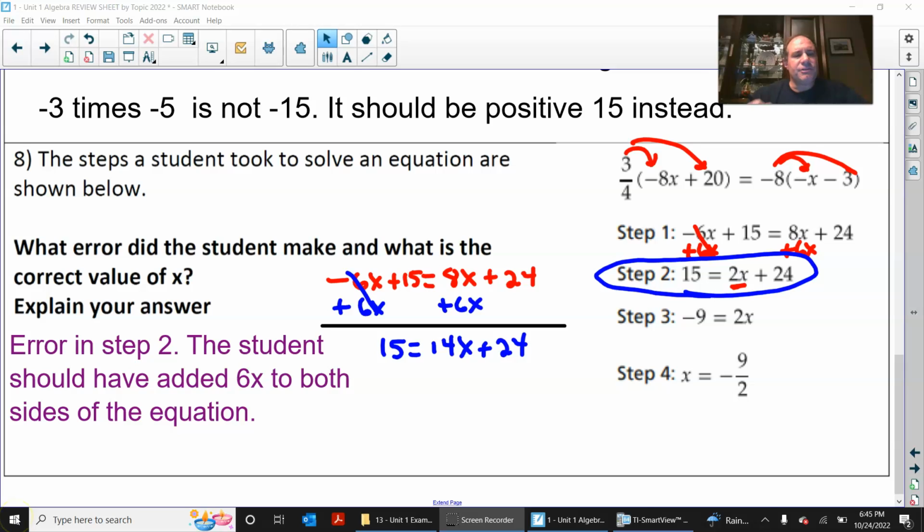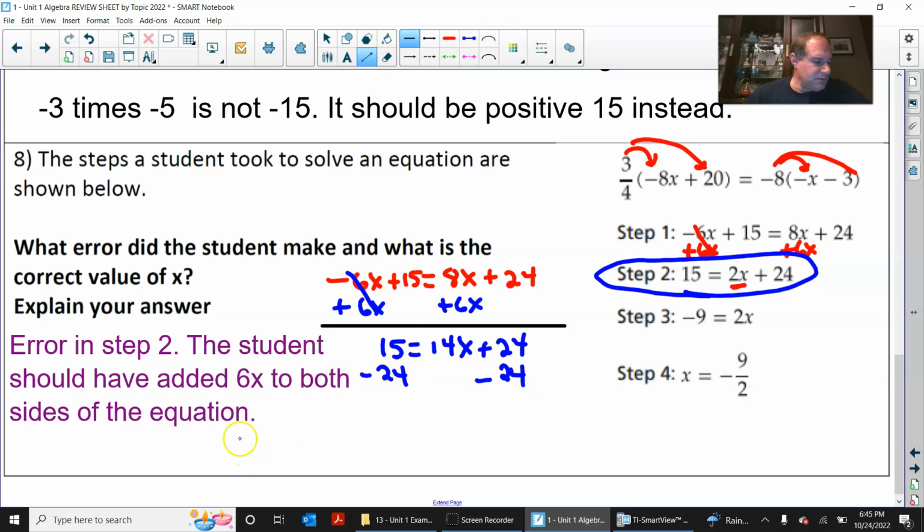So the error in step 2: the student should have added 6x to both sides of the equation. Did not. Somehow they got 2x. Actually, they subtracted 6x to both sides. So we're going to just go ahead and complete this problem by subtracting 24. And this cancels.